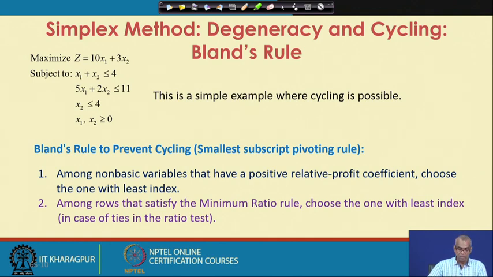So basically, Bland's rule to prevent cycling is about choosing the smallest subscript during pivoting.